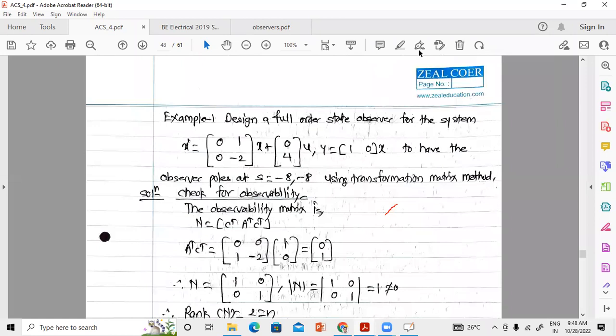Now one example is given. X dot is equal to 0, 1, 0, minus 2, x plus 0, 1 for u, y is equal to 1, 0 x. And we need to determine the observer gain by the matrix transformation method.